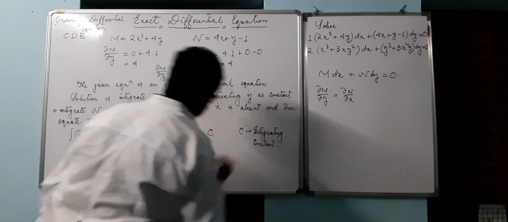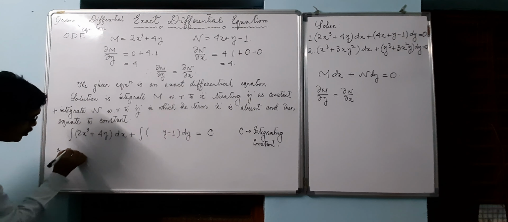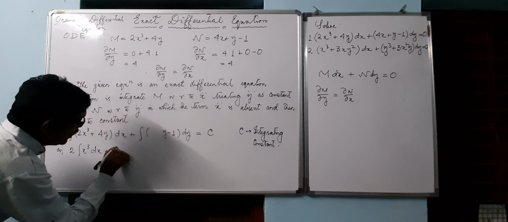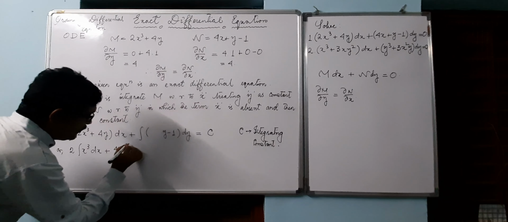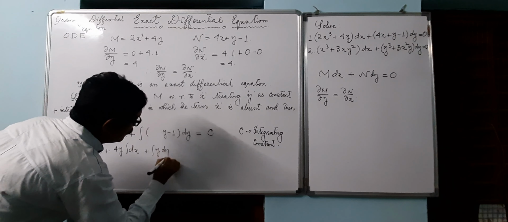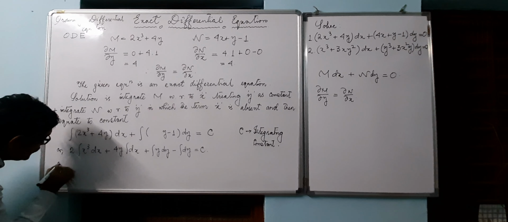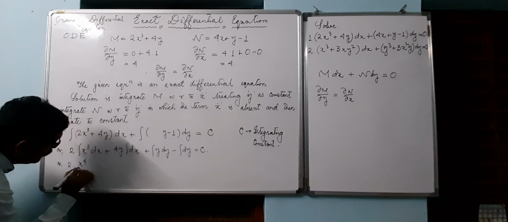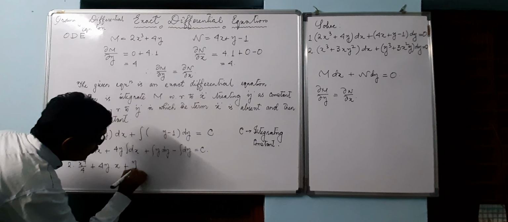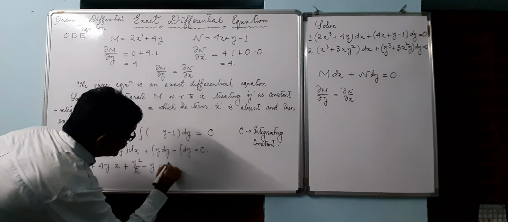Then 2, which is constant, and x cubed dx, and 4y, which is constant, can be taken outside the sign of integration, plus the integral of (y minus 1) dy equals c. What do we get? 2 into x to the power 4 by 4, plus 4y into x, plus y squared by 2 minus y equals c.